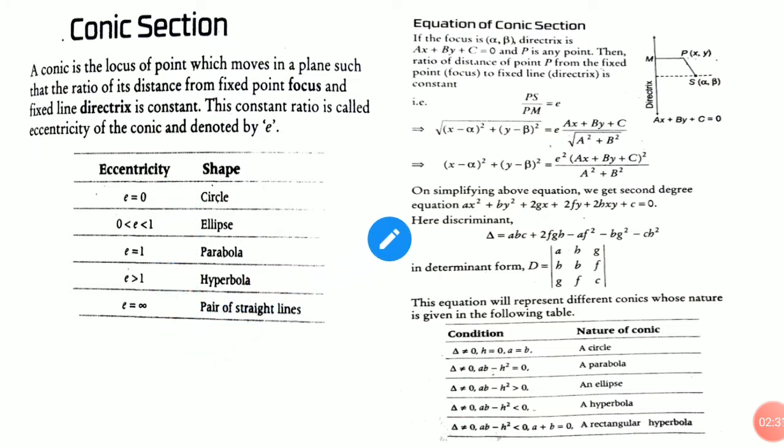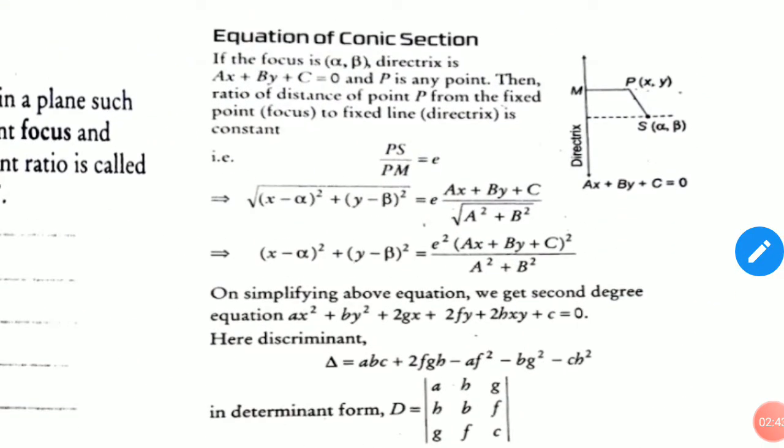Now see, the equation of conic section is given in the definition. Suppose you see this diagram. Now how will we derive the equation of the conic section? Suppose the focus, the fixed point, has coordinates alpha, beta, and the directrix has the equation ax plus by plus c is equal to 0, and P is any point as given in this definition.